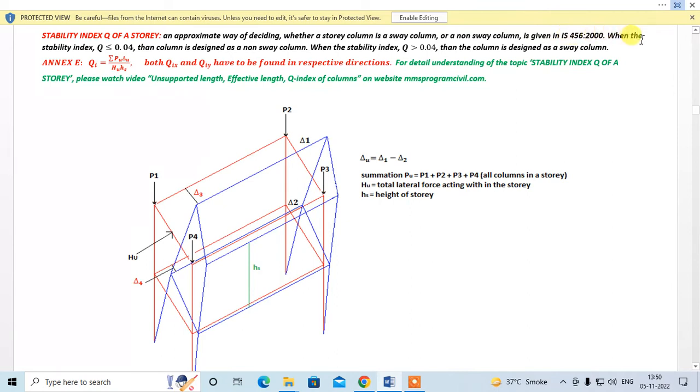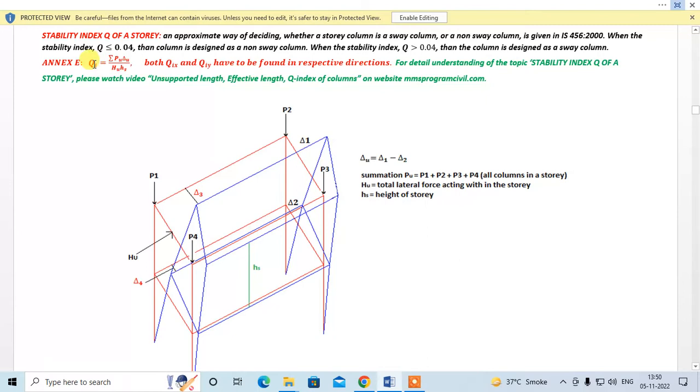When the stability index Q is less than or equal to 0.04, the column is designed as a non-sway column. When the stability index Q is greater than 0.04, the column is designed as a sway column. So with the help of stability index Q, you can decide whether you will design the column as a sway column or a non-sway column.